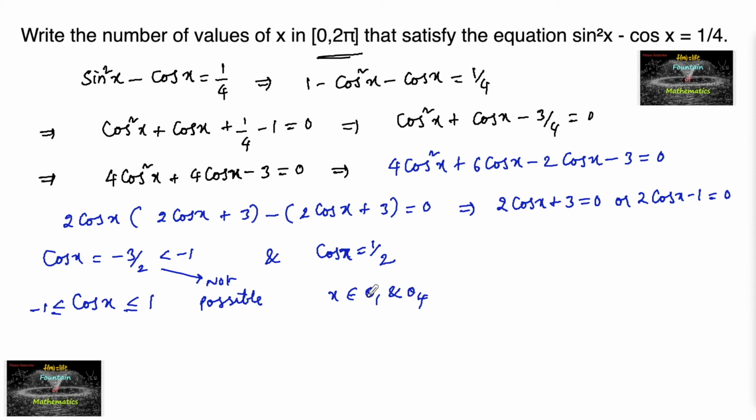So either it can be in the first quadrant, say cos x is equal to cos pi by 3, since cos 60 degrees is 1 by 2, and also in the fourth quadrant we can consider cos of 2 pi minus pi by 3. So for the fourth quadrant it is 2 pi minus theta. So we can write here 2 pi minus pi by 3 is equal to 6 pi minus pi by 3, that is 5 pi by 3.